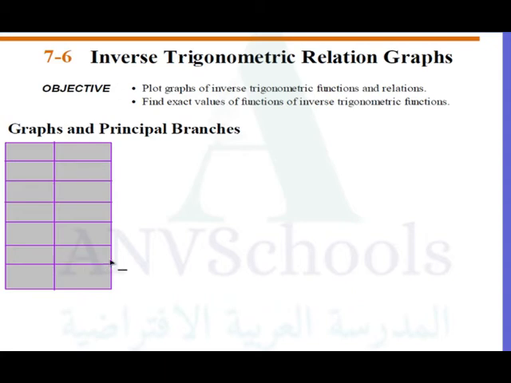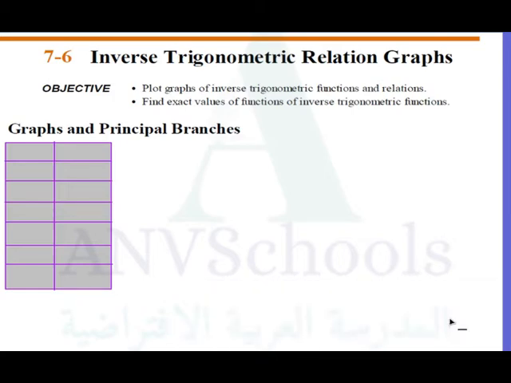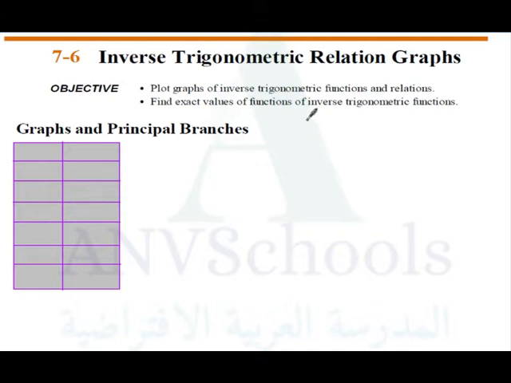Well, actually, when you think about inverse trigonometric functions, these are the graphs of the inverse functions of sine, cosine, and tangent. So for example, we have y is equal to tangent of x. The inverse of this would be x is equal to tangent y.